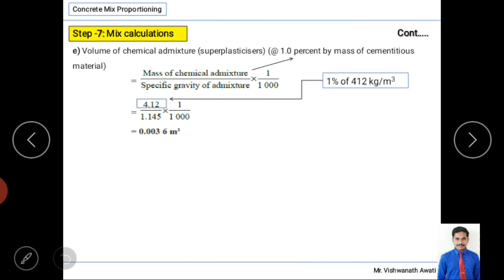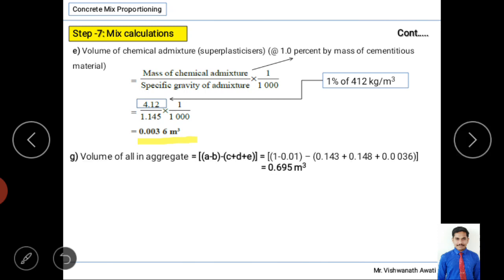The cement is 412 kg per meter cube, and if you take 1% of it, we get 4.12. Then the specific gravity of chemical admixture is 1.145. If you calculate, we get volume of chemical admixture as 0.0036 meter cube.